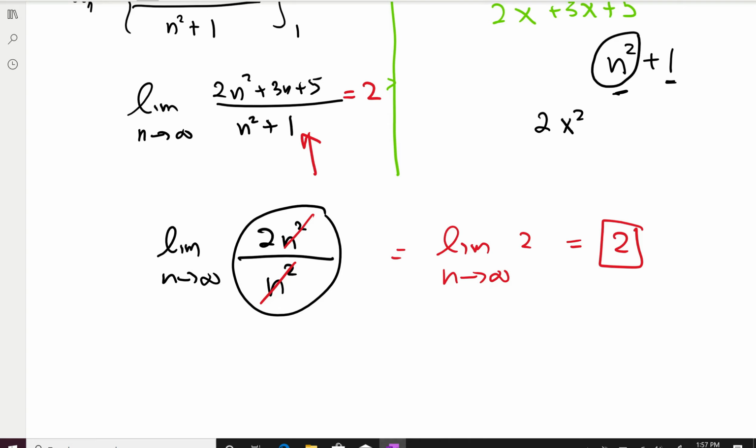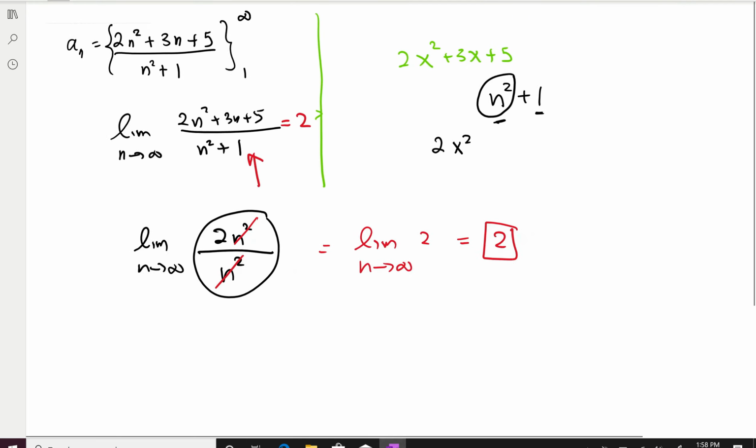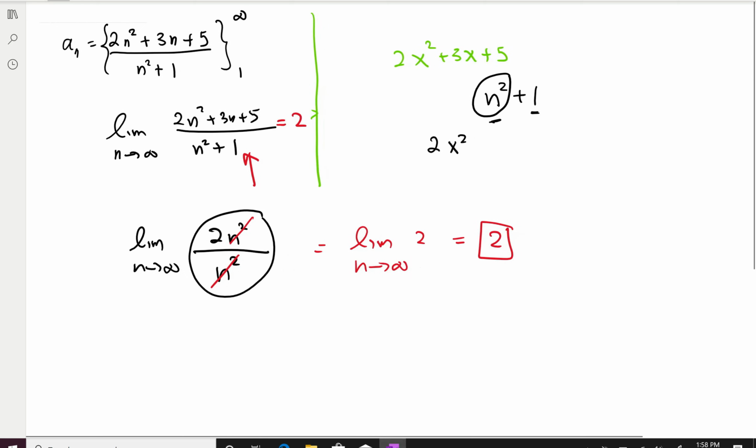It's not infinity over infinity. Now, this happens when you only look at the dominating terms. You get this answer if you look at the dominating term. And that's what you do when you have sequences that are made out of rational functions. And when you want to take the limit, look at the dominating term of the sequence. Now you might ask, well, how do you find the dominating term?